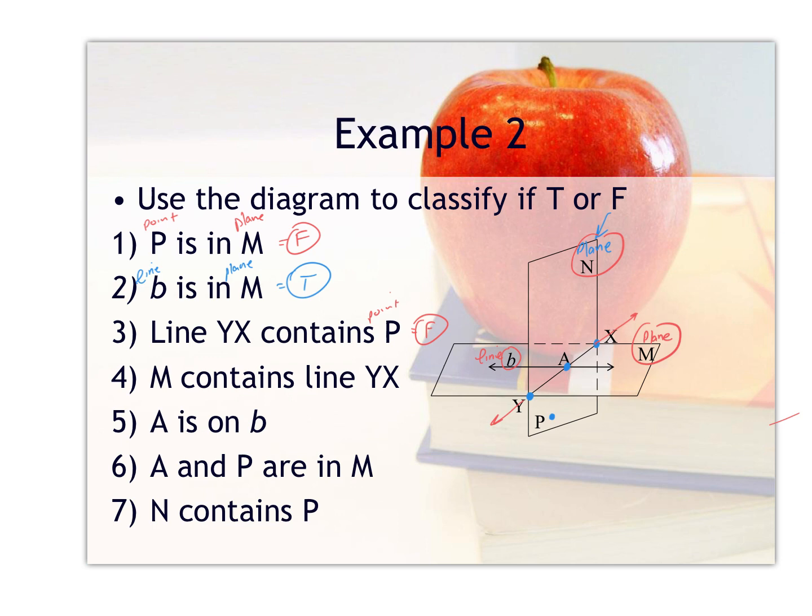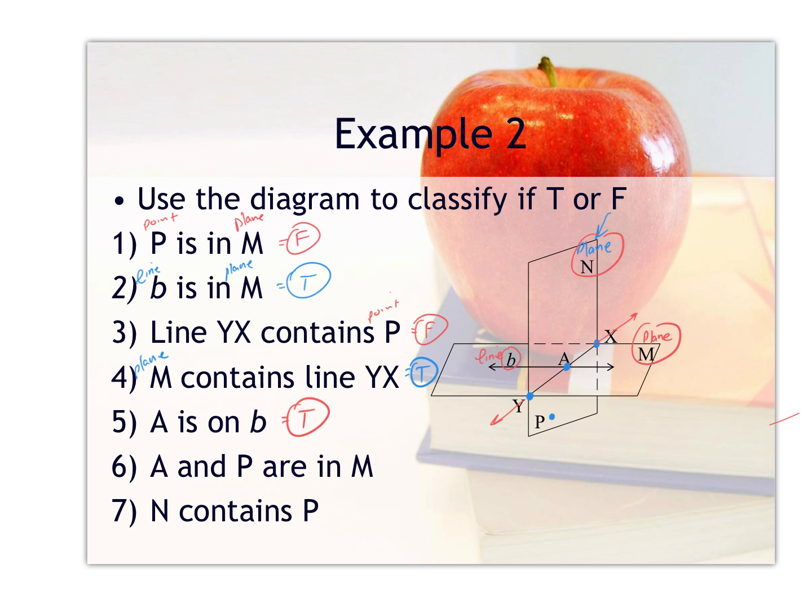When I go to number 4, it's saying that plane M contains line YX, and that is true. When I go to number 5, point A is on line B, and yes, that is true. Okay, it is on the line.